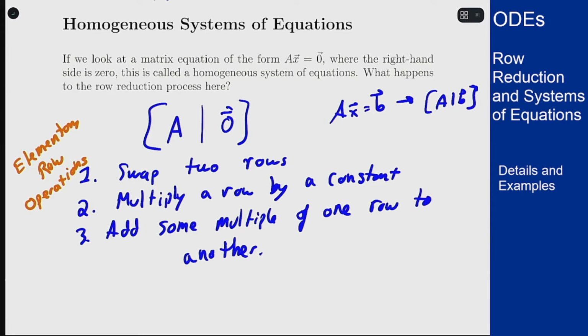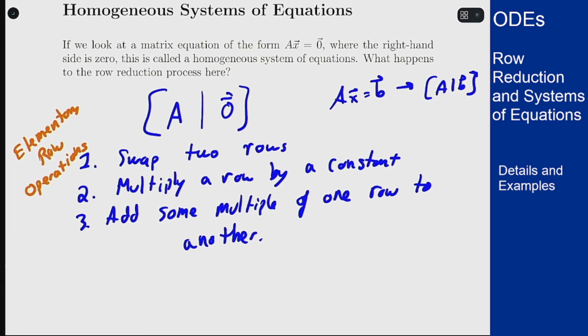If I'm swapping two rows, I'm swapping a 0 with a 0. Changes nothing. Multiplying a row by a constant, 0 times any constant is still 0. Adding some multiple of one row to another means I'm adding 0 plus a number times 0, still 0. So none of these change the vector on the right side of the augmented matrix.